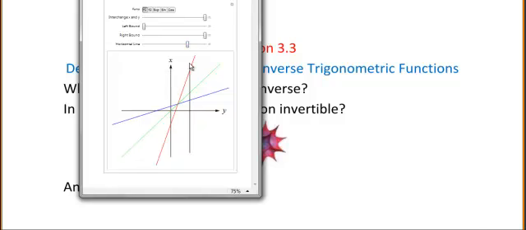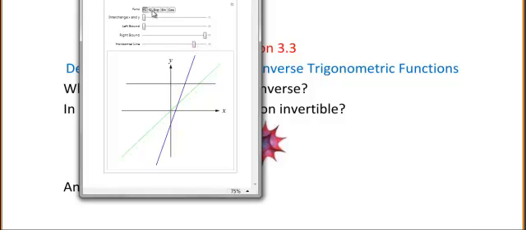Now if we think about this and switch it back, in order for the inverse relationship to pass a vertical line test, the original relationship has to pass a horizontal line test. So for a function to have an inverse, which is also a function, it has to pass a horizontal line test. Let's take a look at a couple other examples.